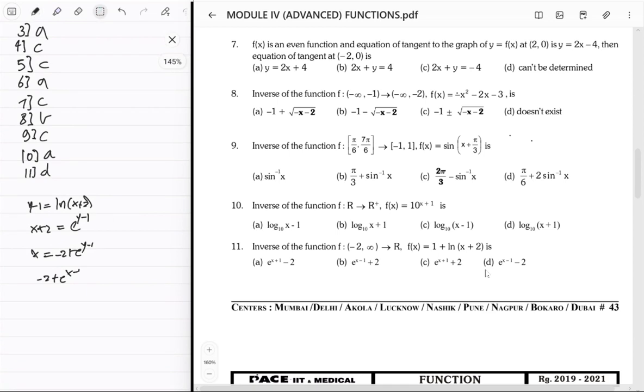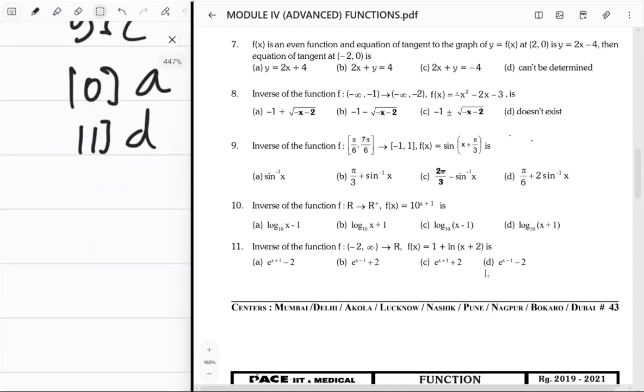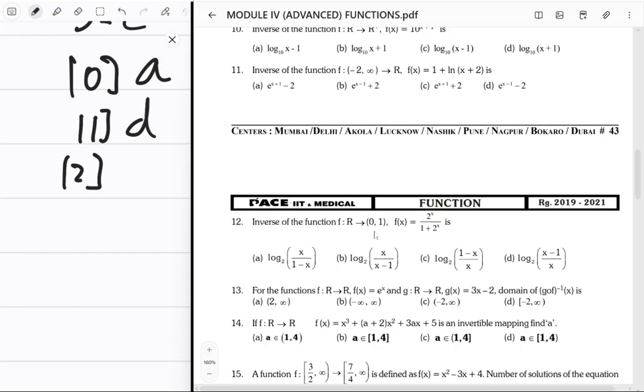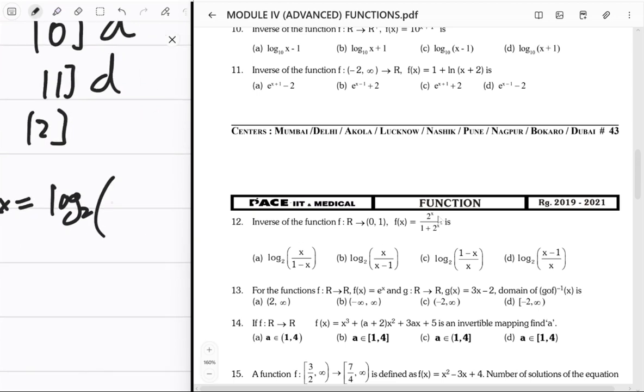Next. 12. Inverse. Okay, I'm just going to do it right away. So 1 upon y will just be 2 power negative x plus 1. So 1 upon y minus 1 is equal to 2 power negative x, right? So negative x is equal to log base 2 of 1 upon y minus 1, right?